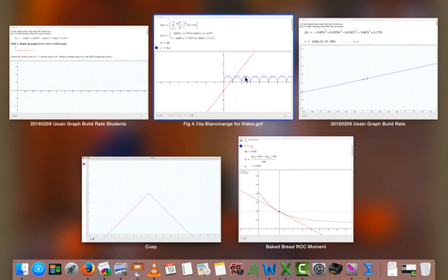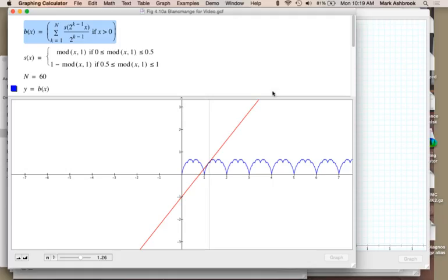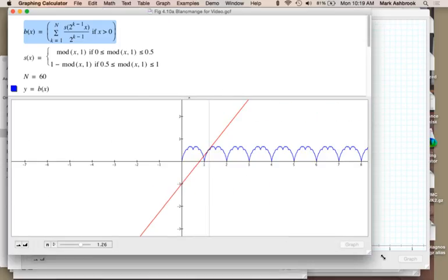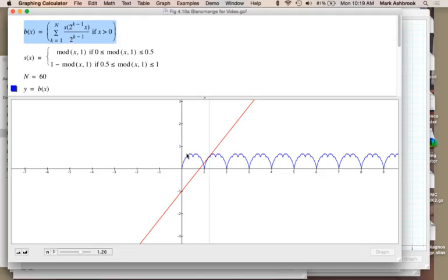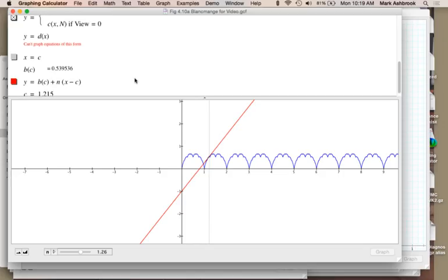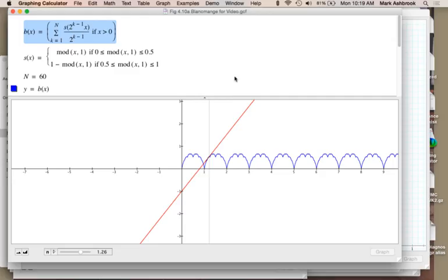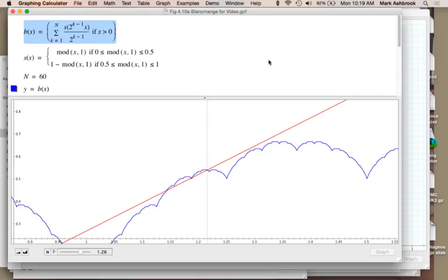All right, so let's look at this one. This is called the Blancmange function. I like to say it, Blancmange. Did you read about this? This is at 1.125. So at 1.125, we're going to zoom in here and take a look at what's happening. Is it a positive rate of change or a negative rate of change at 1.125?